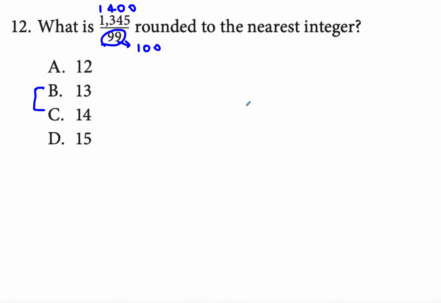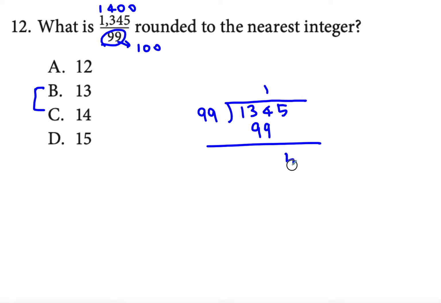So if you want to actually do this one, first I'm going to have 1 go in, because it's going to be 13 or 14 anyway. So when I do that, I get 99. Then this one is what? 5 coming down. And this one becomes 3. Now I'm going to have 3 times 99.